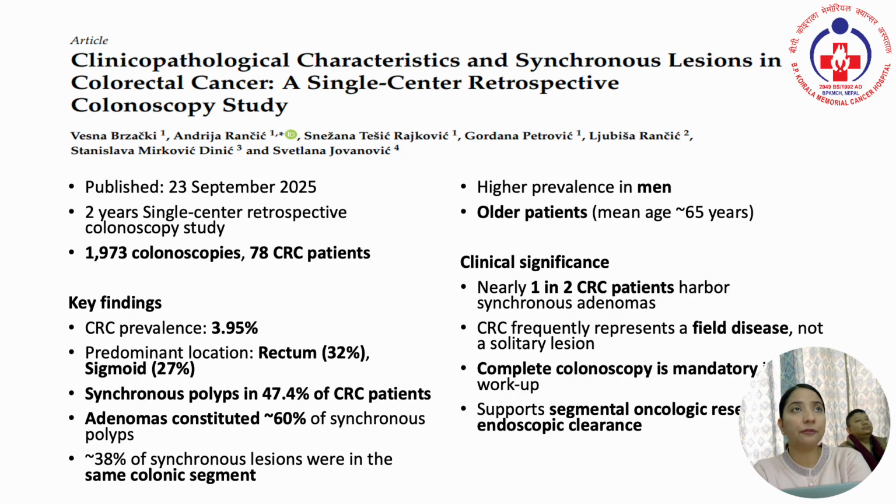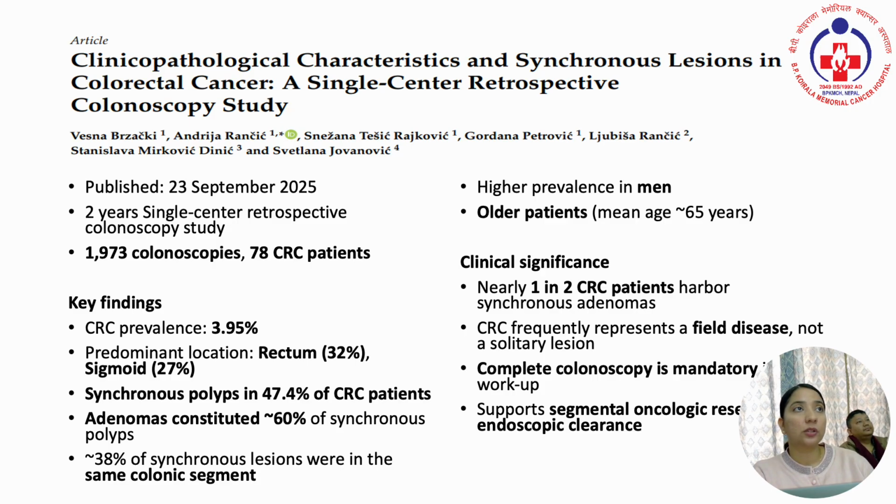And in a few articles similar to our case, which have seen synchronous neoplasms with synchronous adenomatous polyps, there is a trial which was published recently in 2025, a single-center retrospective colonoscopy study, which was done in 1900 cases.